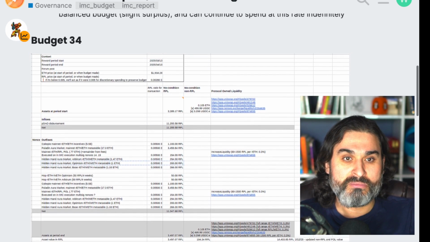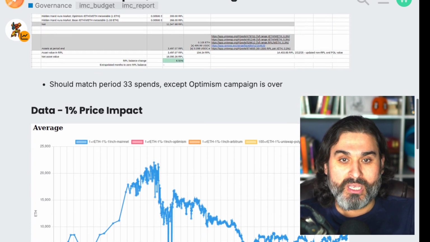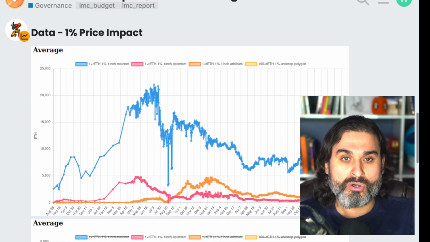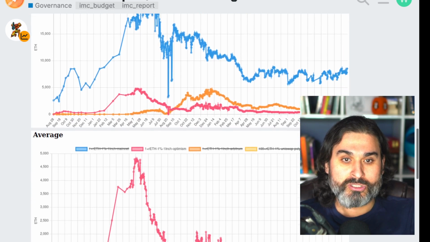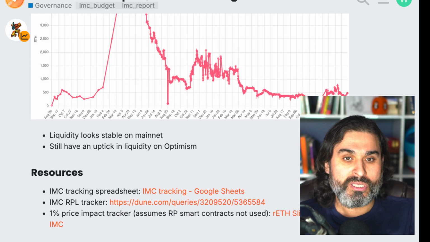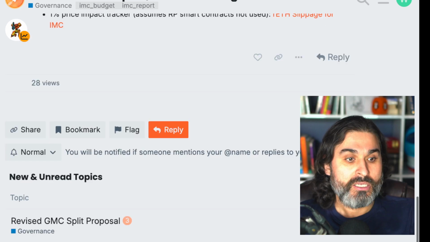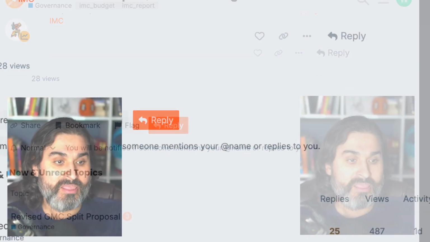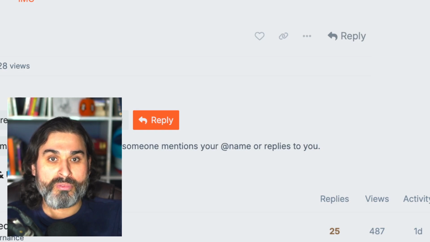Then there's some information about what budget 34 looks like and what the price impact for a 1% sell looks like. We also have some information that liquidity looks stable on mainnet, and there's been an uptick in liquidity on Optimism, which of course is nice to see. So thank you, Samus, for putting together that report from the IMC.